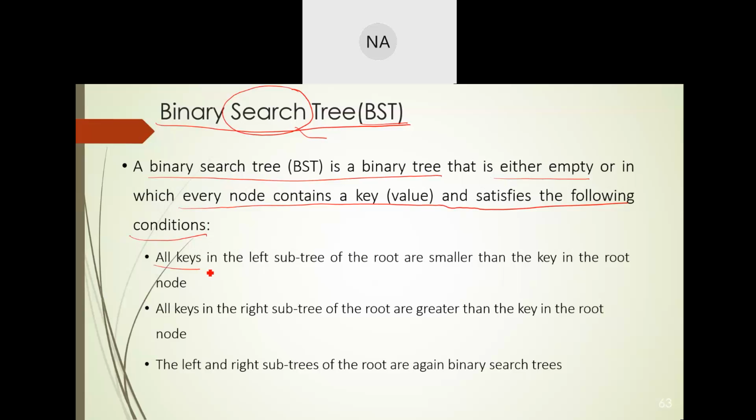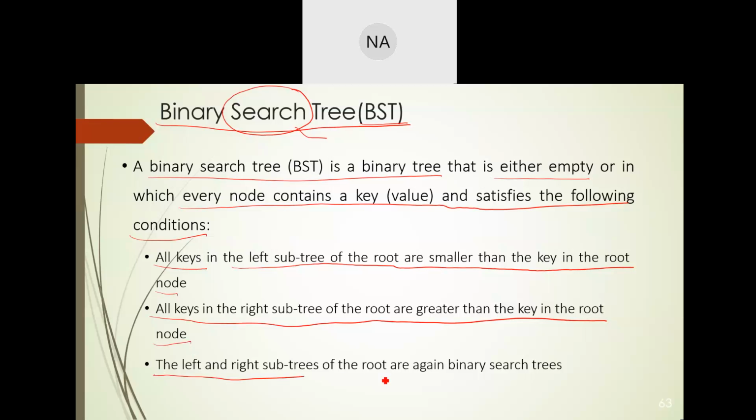All keys in the left subtree of the root are smaller than the key in the root. And all the keys in the right subtree of the root are greater than the key in the root node. And the left and right subtrees of the root are again binary search trees. So this is again a recursive definition.